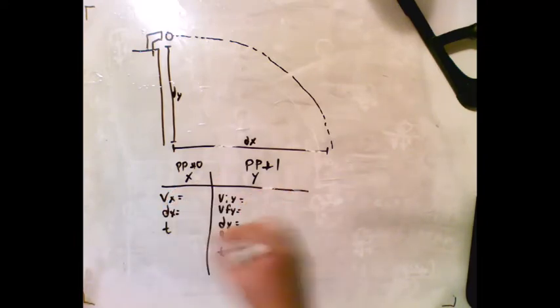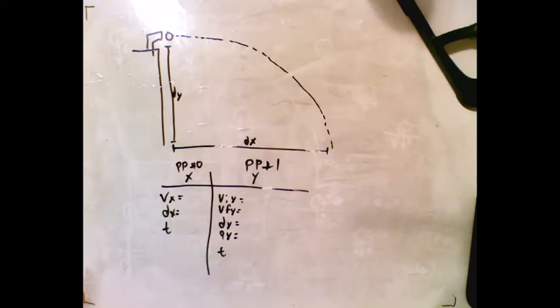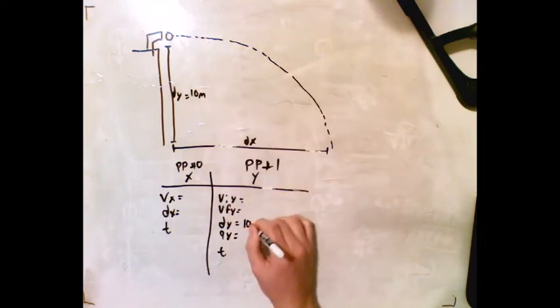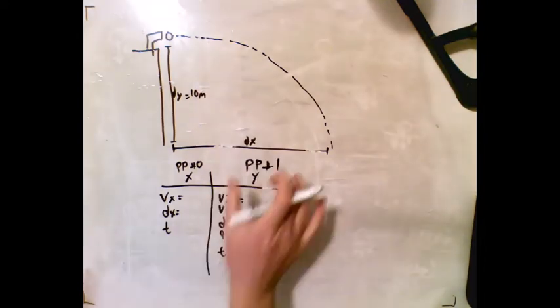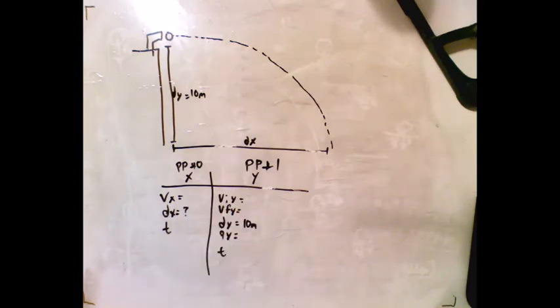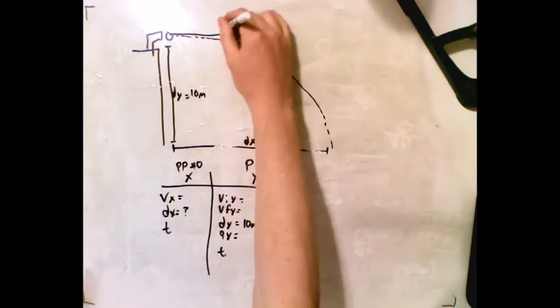I don't put anything with time because time is going to be the common ground between the two. The question tells me that the hill is 10 meters tall, so this dy is 10 meters. We're trying to find our dx. We want to know how far away it travels, the horizontal distance. Initially, it's fired at 200 meters per second.